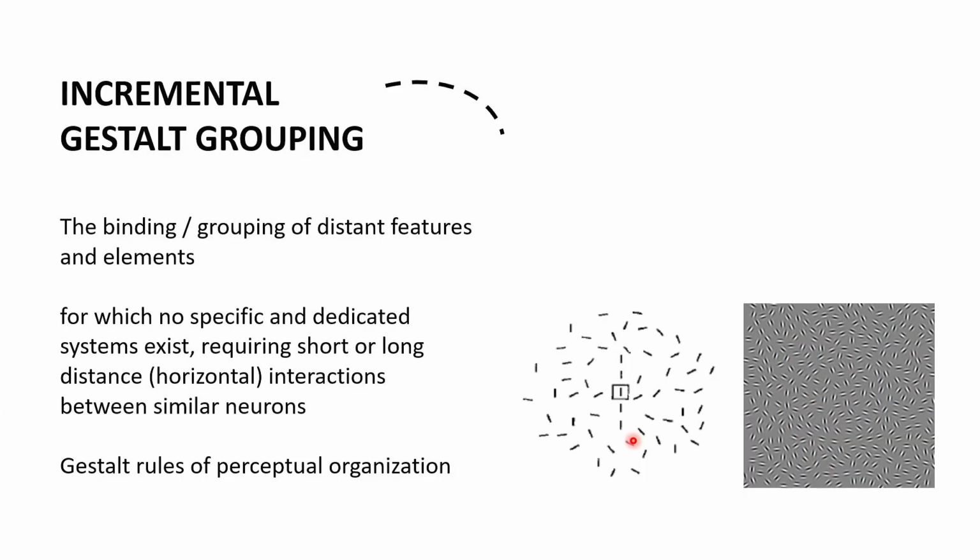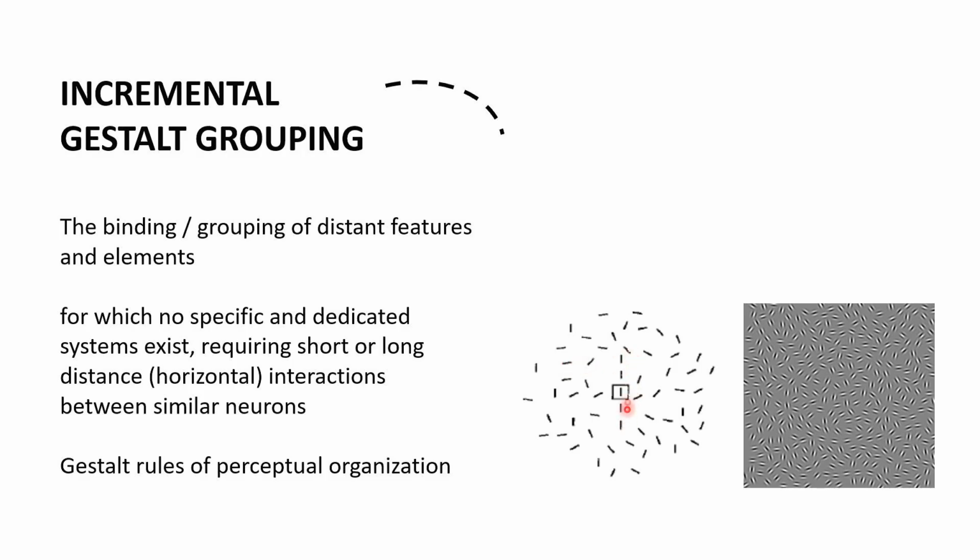Now, of course, there is this phenomenon of grouping, Gestalt grouping to begin with, and the binding and grouping of distant features and elements. So separate elements not only influence each other, as I've just shown you with the interference and inference, but separate elements also combine at some point to form coherent groups, you could say, bound together.